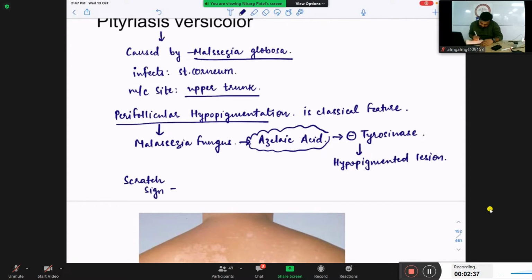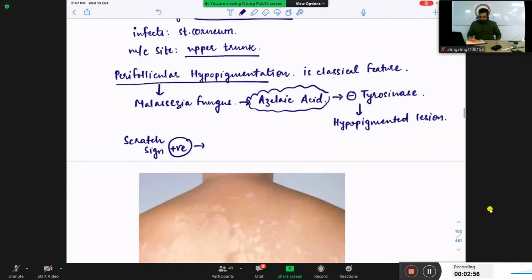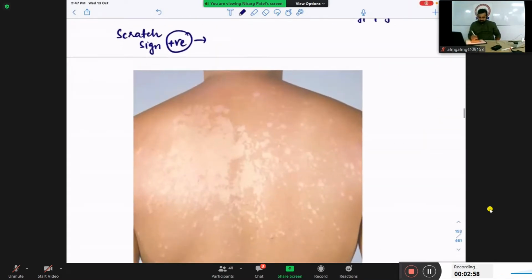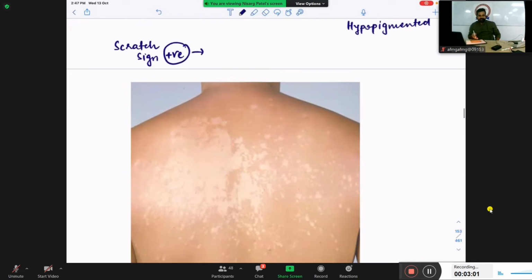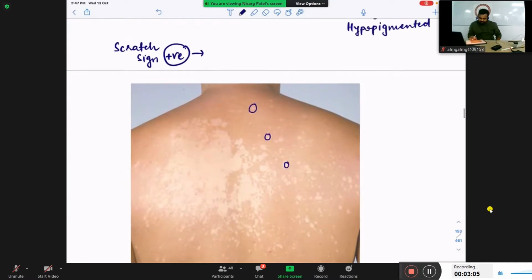Scratch sign is positive. So what is this positive? When you scratch this hypopigmented macula, as you can see in this image, all these hypopigmented maculae coalesce with each other and make a large hypopigmented patch.